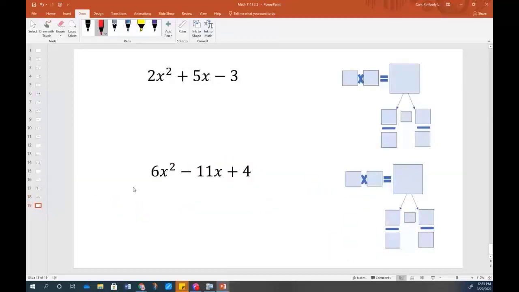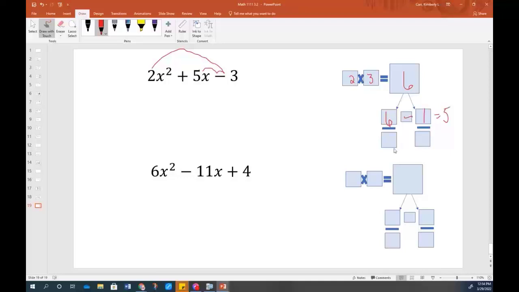So let's do a couple of these. Remember, we're going to start with that arc and then bounce. So I end up with 2 times 3 is 6. What multiplies to 6 but subtracts to give me 5? Well, here's 6 minus 1. 6 times 1 is 6, but 6 minus 1 is 5.